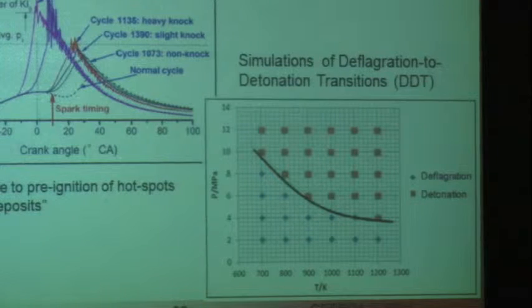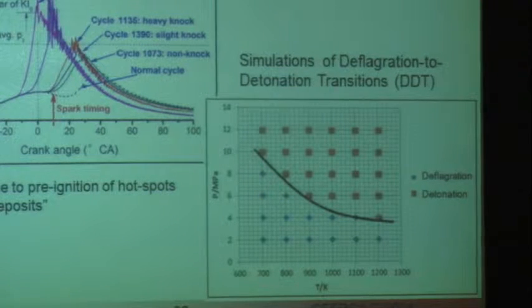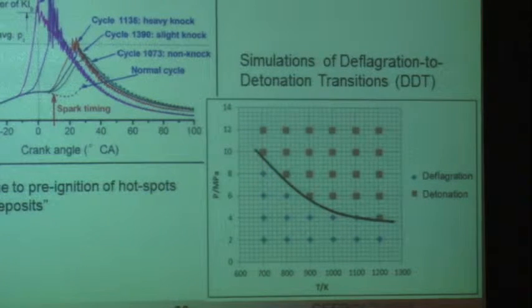But one interesting thing in their paper was that they did some constant volume simulations with a surrogate fuel and showed that if you characterize the combustion event by the ignition time, you could identify a trajectory of pressure versus temperature below which you would expect normal combustion and above which the ignition would occur so fast that you might expect a detonation event.